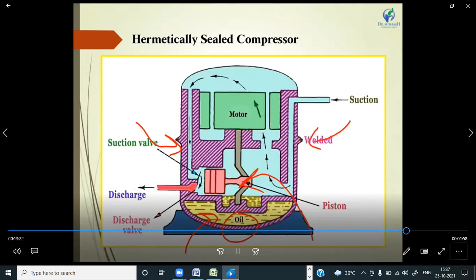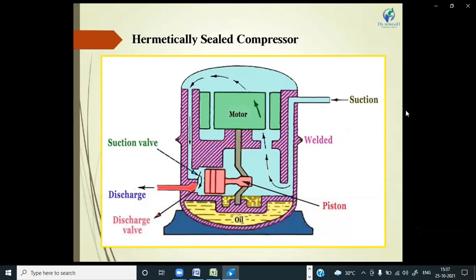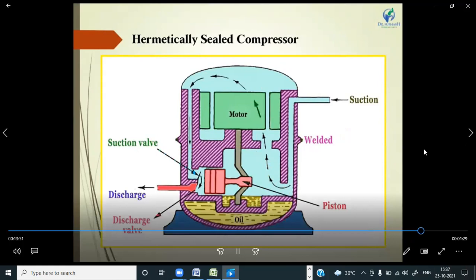We cannot open it any time to give lubrication, so we put oil inside the compressor for continuous lubrication of this mechanical system, and it also cools down the compressor. The oil's work is to lubricate the system and cool down the compressor.